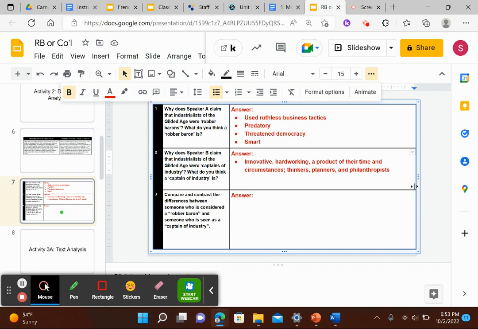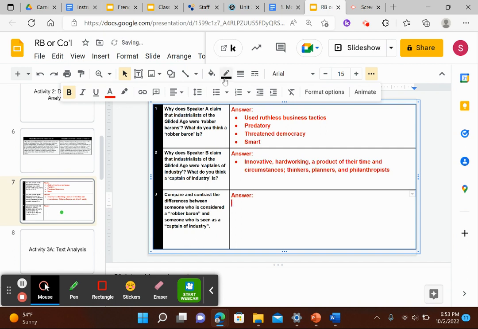They had great artistic works that they donated to different museums. So they used their money to enrich the lives of others. So this is where we get into this: were they all good? Were they all bad? Not necessarily, they might have been a little bit of both, but this one's saying that because of their time, this is who they were going to be, but they ultimately benefited us in the United States.